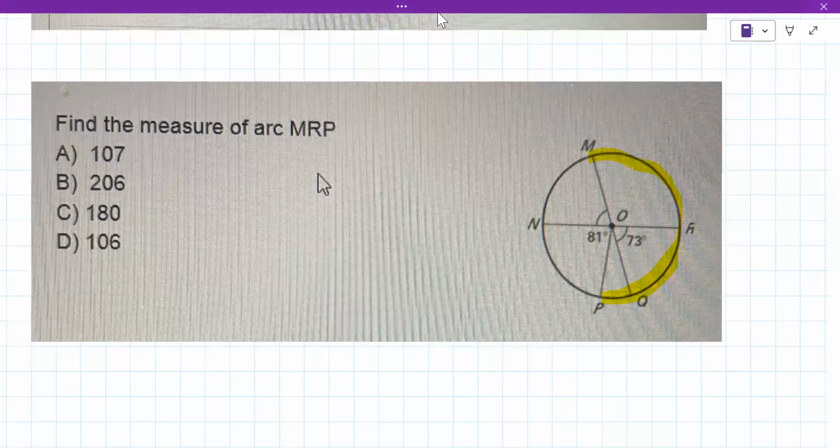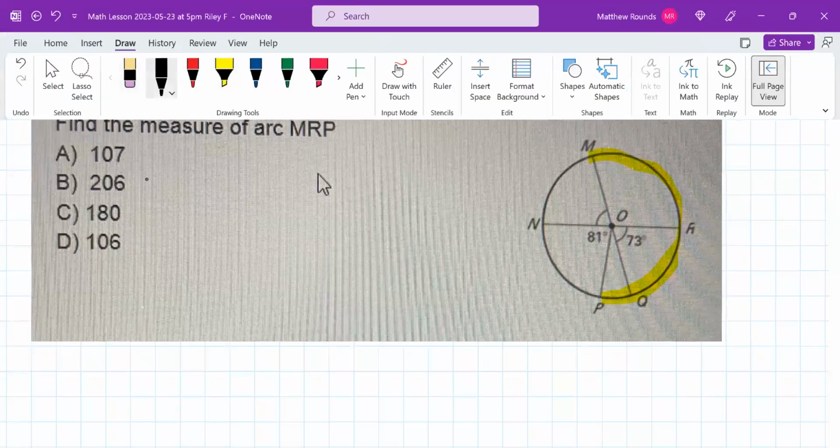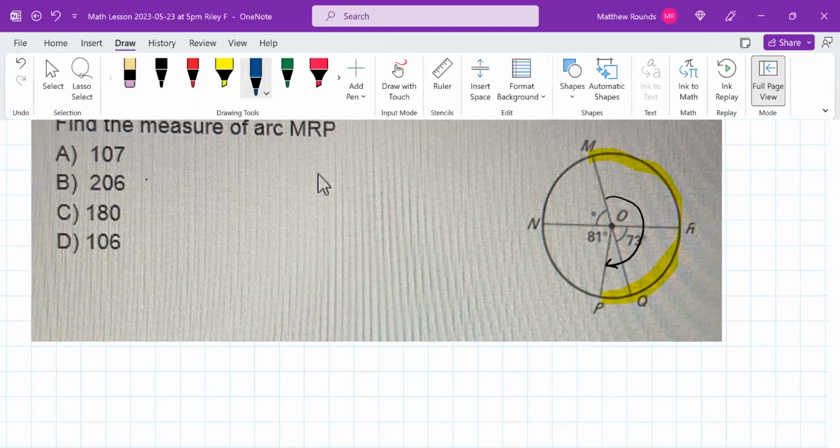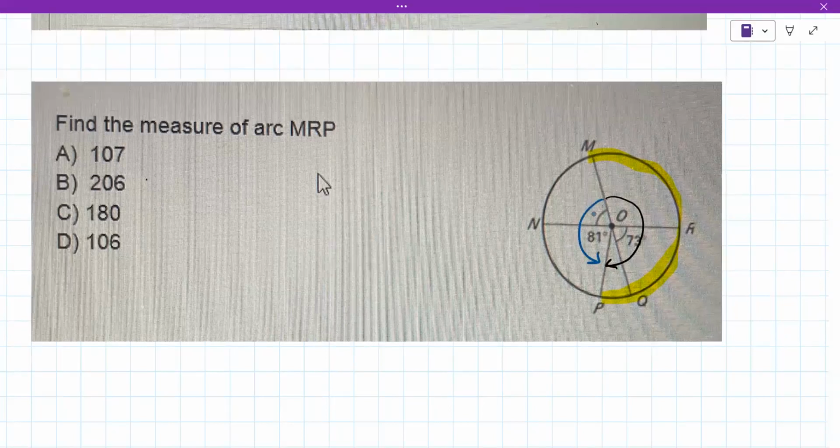To get this answer, we either need to know what's going on inside here, or we need the other angle in blue, because if we know the other one in blue, we can subtract it from 360.